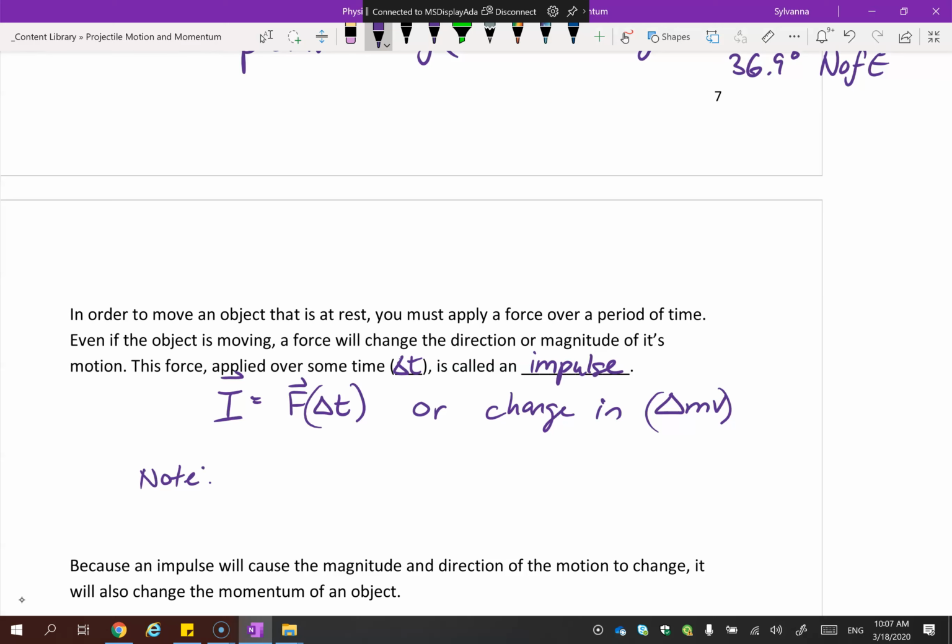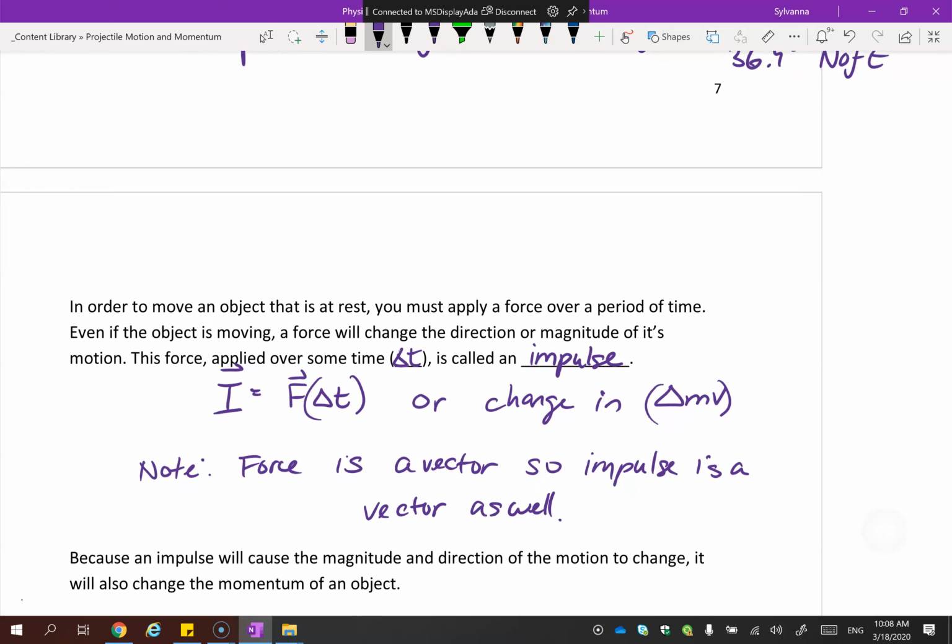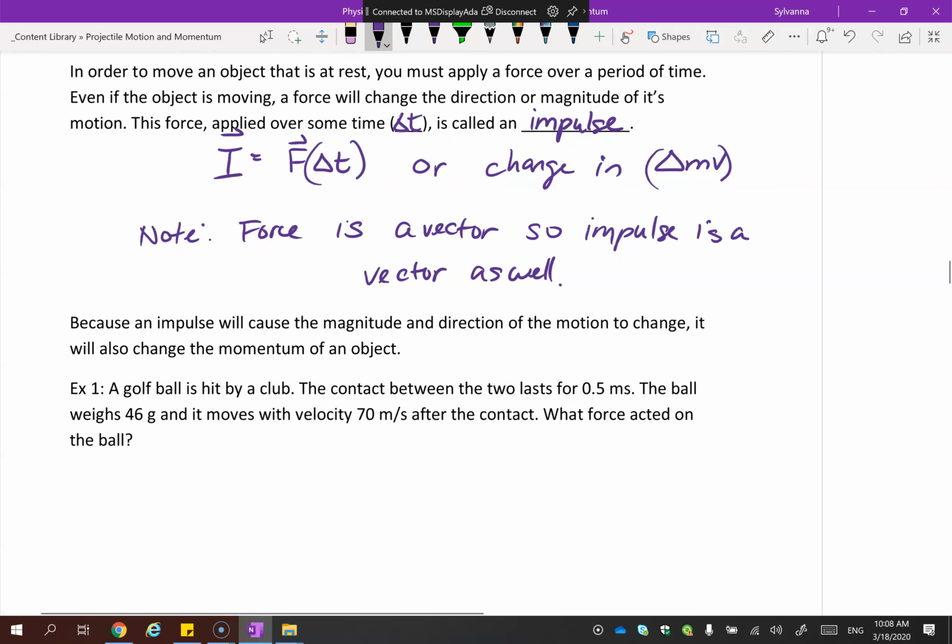As a note, remember that force is a vector, so impulse is a vector as well. Because an impulse will cause the magnitude and direction of the motion to change, it will also change the momentum of an object. Let's do an example of this.